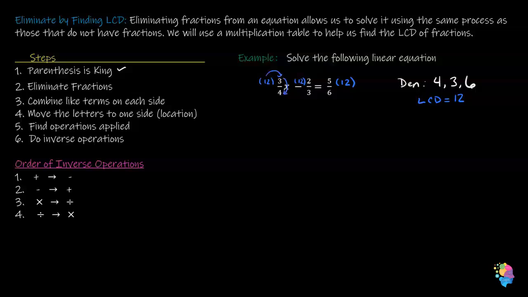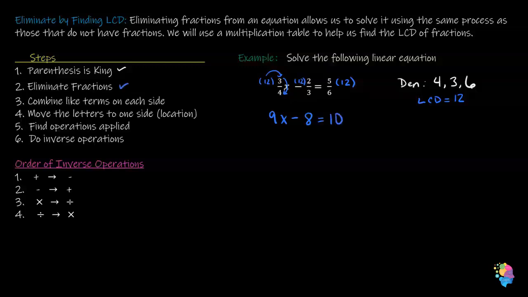So in this case, 12 times 3 is 36, divided by 4 will give you a 9. Then bring down the variable. Don't lose the minus, and then we do it again. 12 times 2 is 24, divided by 3 will be 8. Don't lose the equal sign. On the right side, 5 times 12 is 60, divided by 6, that will give us a 10. And we have eliminated the fractions.